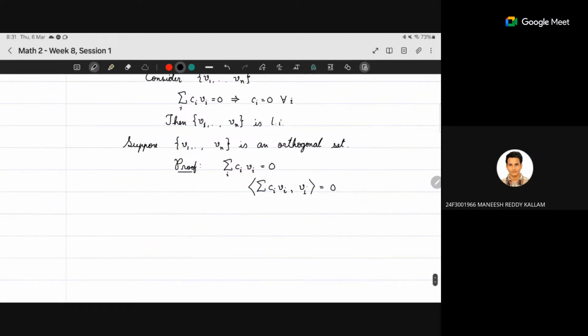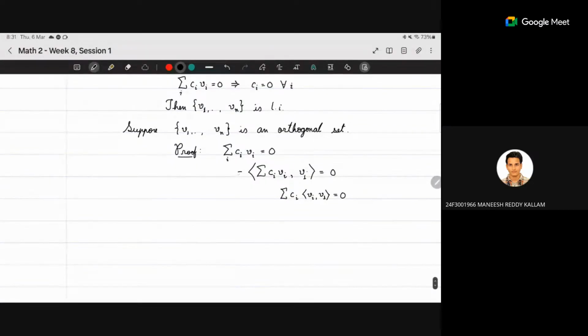Now, what happens when I do the inner product? The inner product is linear, right? It's bilinear. So this becomes summation Ci times inner product of Vi with V1. At any step, if you have a doubt, stop me. So I'm just using bilinearity in both arguments.